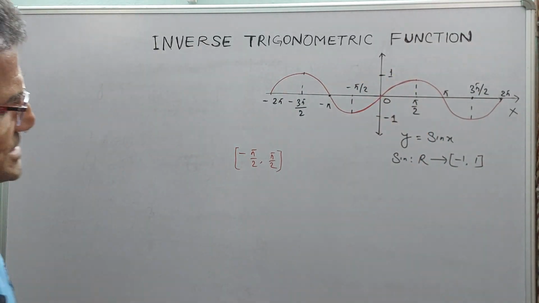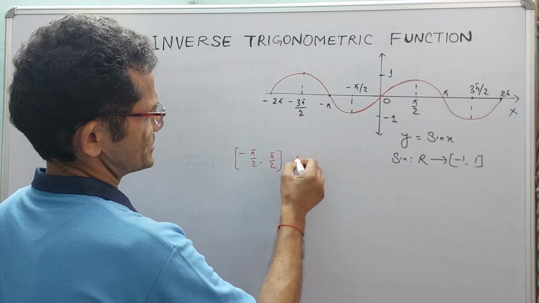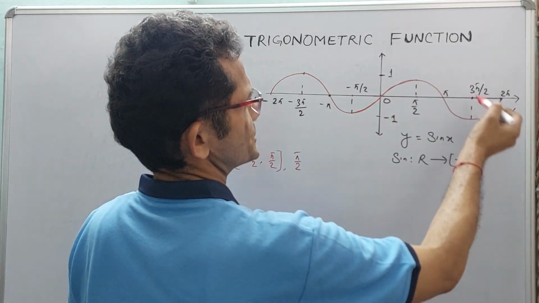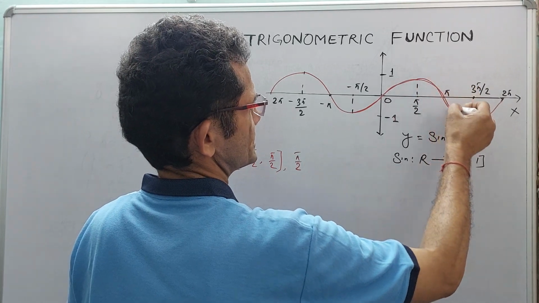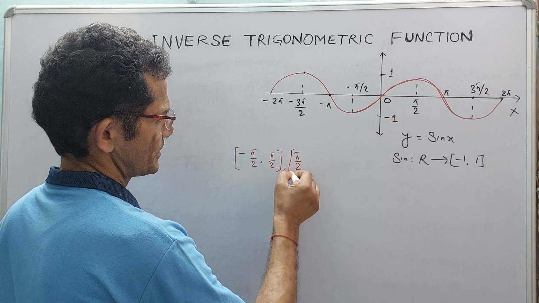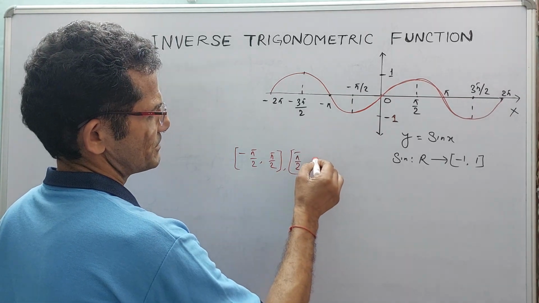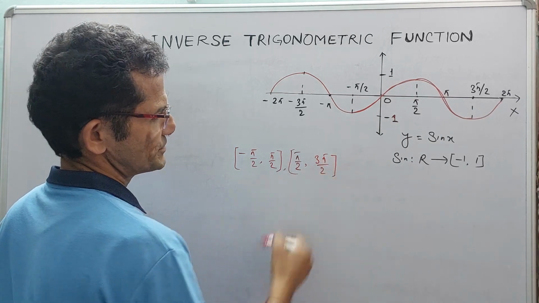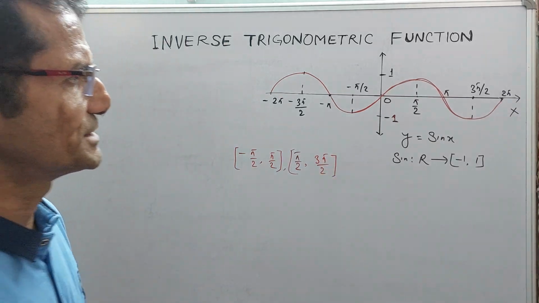Similarly, if I restrict our domain from pi by 2 to 3 pi by 2, in this branch also the sine function will be one-one and onto. From pi by 2 to 3 pi by 2, it will be a one-one and onto function. Its inverse is possible.